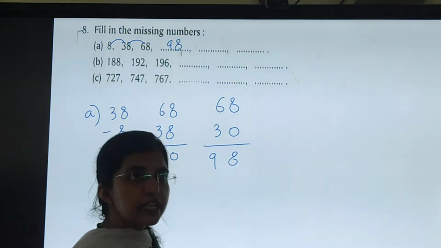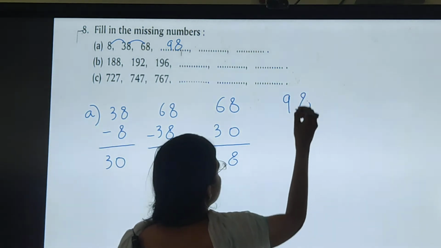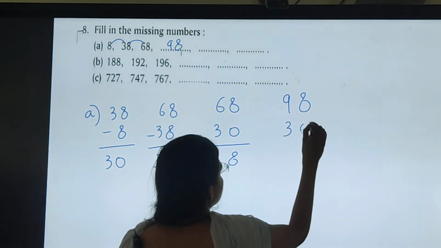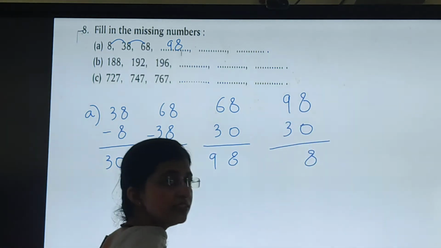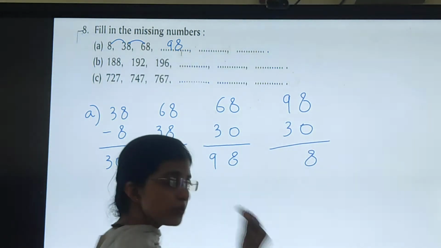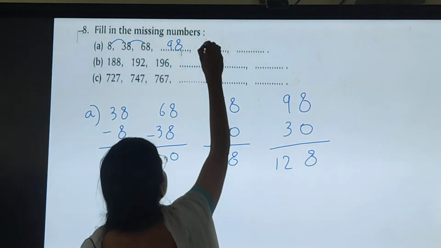Then 98 plus 30. 8. 9 plus 3, 10, 11, 12. So, I will get 128 here.